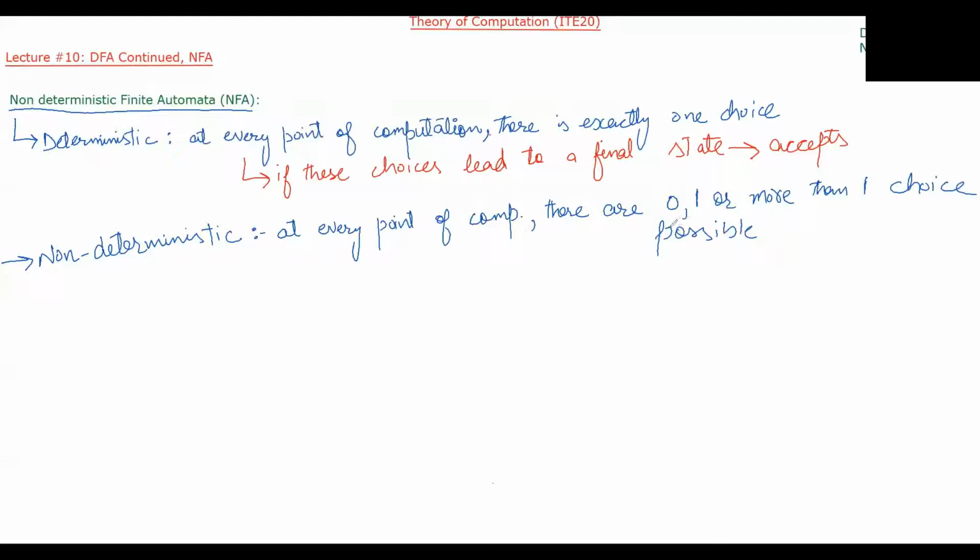Okay, so for every state, or we can say at every point of computation, there may be 0, 1, or more than one transition possible for the same input.